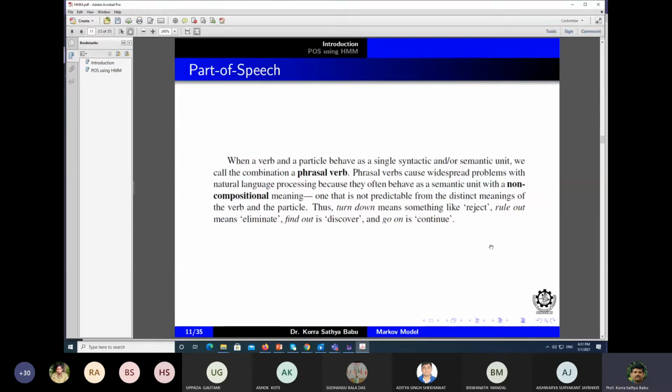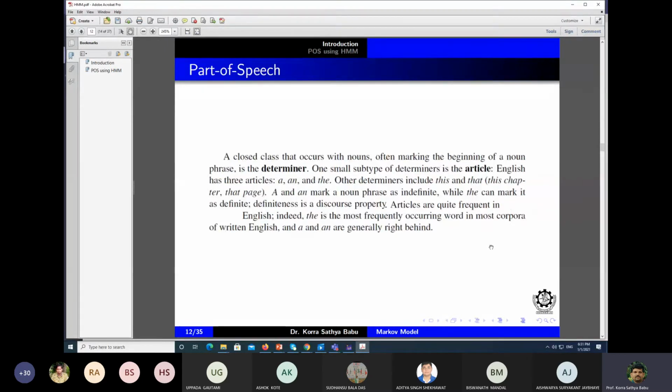Pronouns are also part of the closed classes. Pronouns are forms that often act as a kind of shorthand for referring to some noun phrase, entity or event. Personal pronouns refer to persons or entities, like you, she, I, it, me. Possessive pronouns are like my, yours, his, hers. These are forms of personal pronouns that indicate either actual possession or, more often, just an abstract relation between the person and some object.